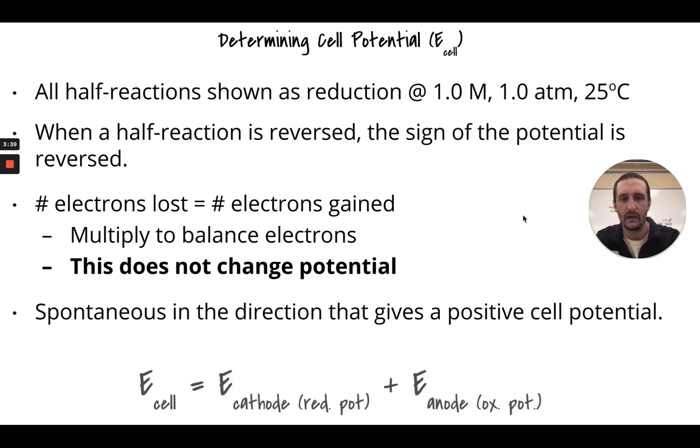The way that we calculate the cell potential is you take the potential of the cathode, and that's the reduction portion, plus the anode, which is the oxidation portion. And again, we'll look at some examples of how to do this in just a couple of minutes. So that equation, E cell, is equal to the reduction potential plus the oxidation potential.